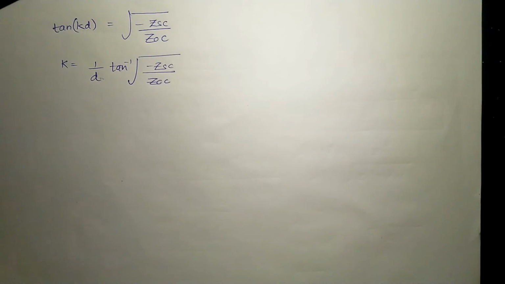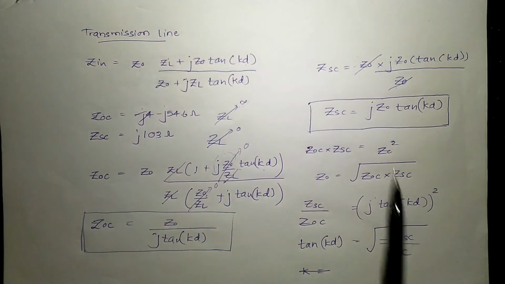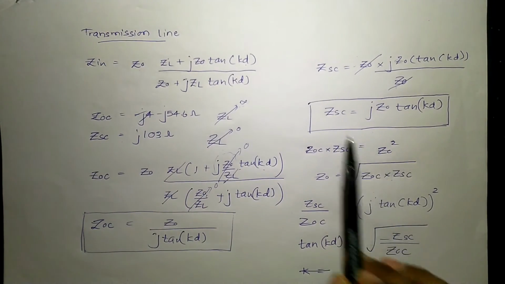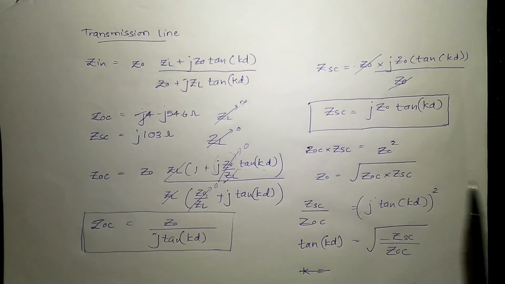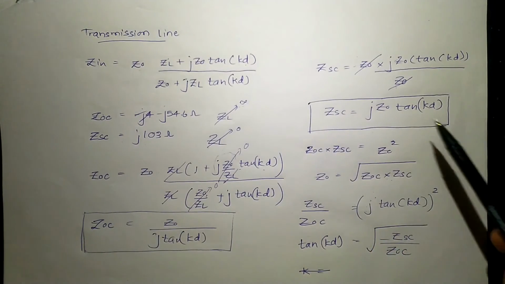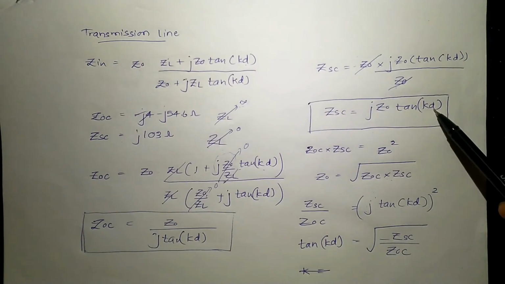Let's go to the second question. The second question is: without changing the operating frequency, find the input impedance of the short circuited line that is twice the given length. The short circuit impedance equation is ZSC is equal to jZ0 tan KD. Now we have the answer for Z0 and K, and D is given as 1.5 meter.